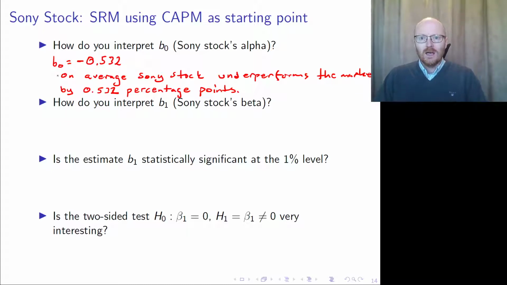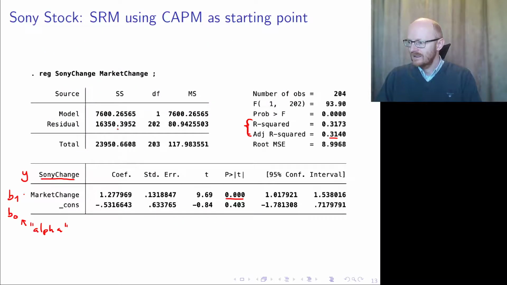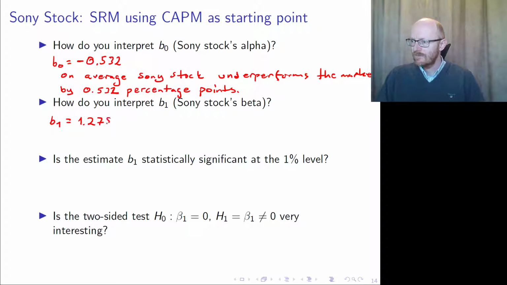And how do you interpret the B1, the beta? So B1 equals 1.278. Okay, so this is given a 1% market return.